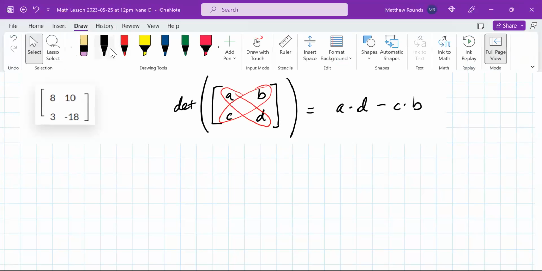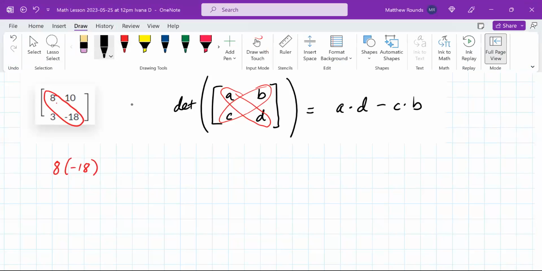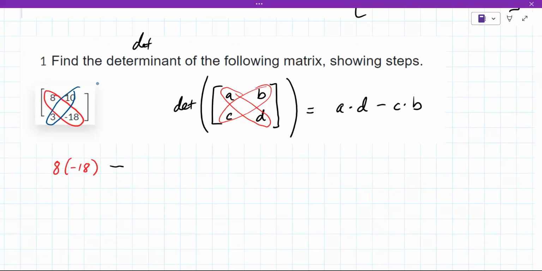Okay, so here's how that looks in your problem. We're going to multiply 8 times -18. Subtract, we're going to go the other direction, 3 times 10.